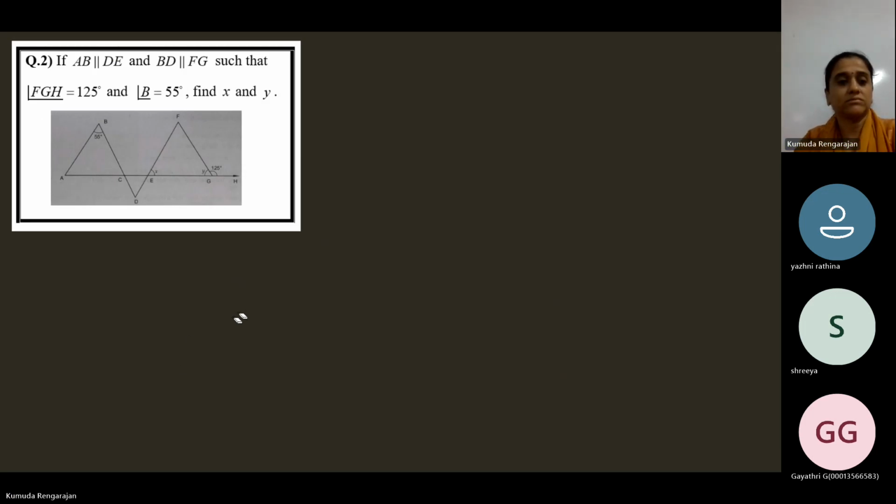Try this. You may have to use, because we have parallel lines here. One second.